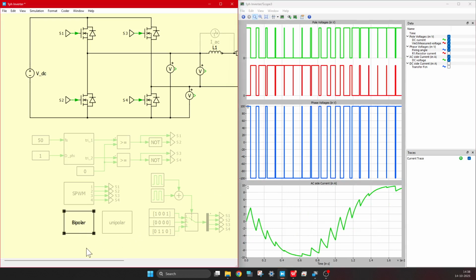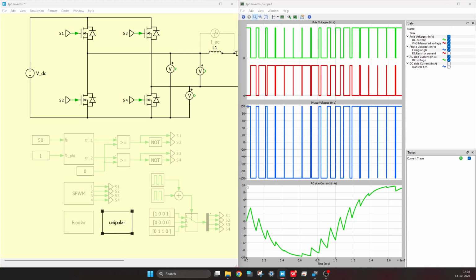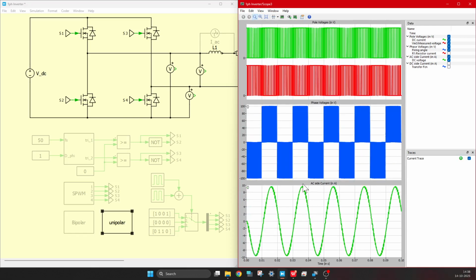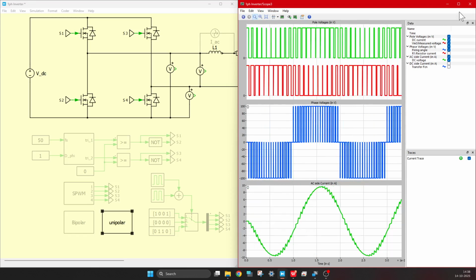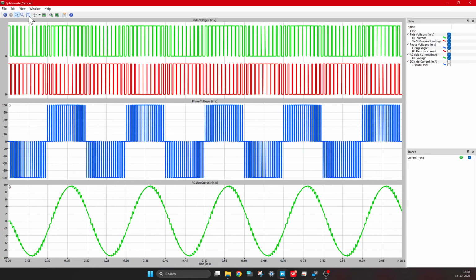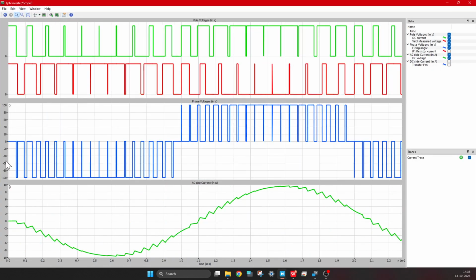Now we can make it unipolar. That means we will click on this, uncomment it, and use this. Now you see it has improved so much. The current waveform is very good, right? See, current waveform is so good. Why this is happening is that now we are using unipolar, so the voltage is fluctuating from 0 to 100.